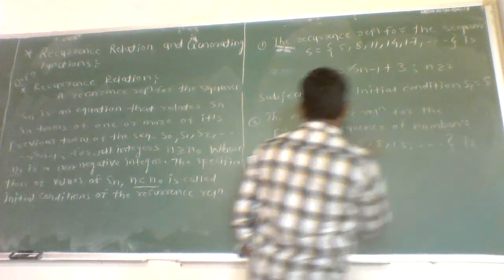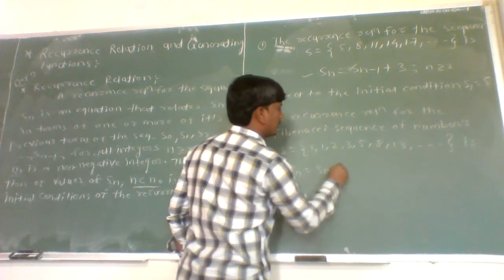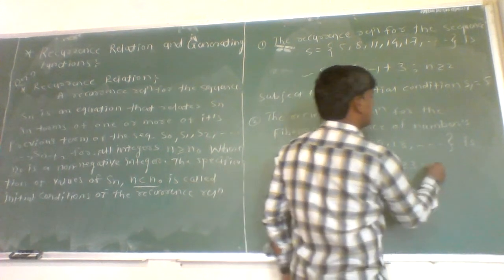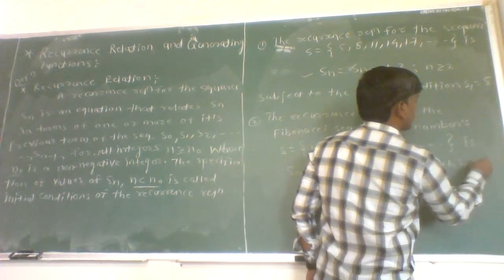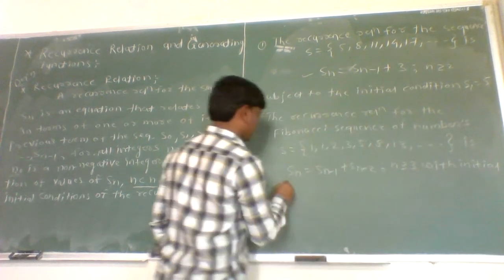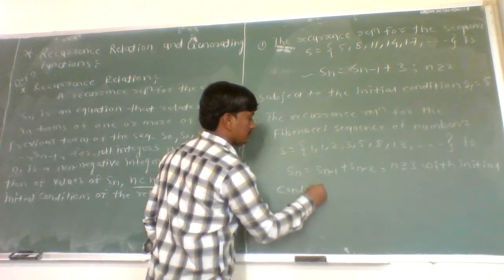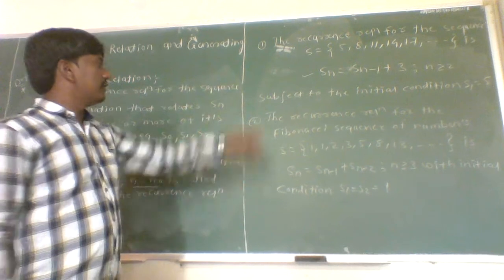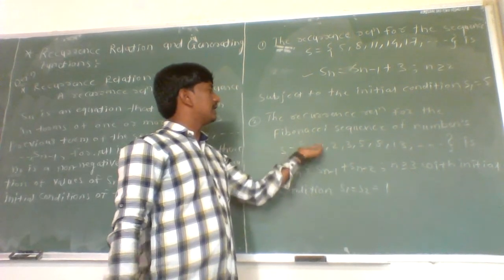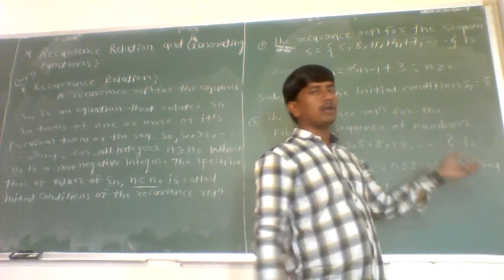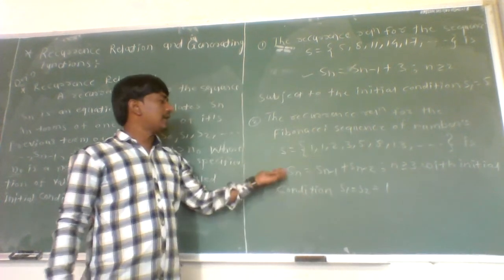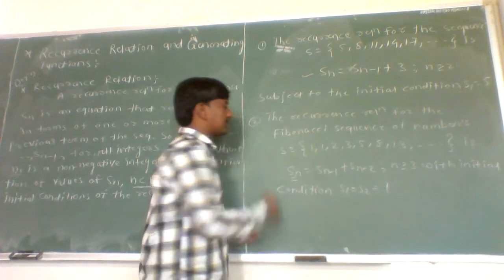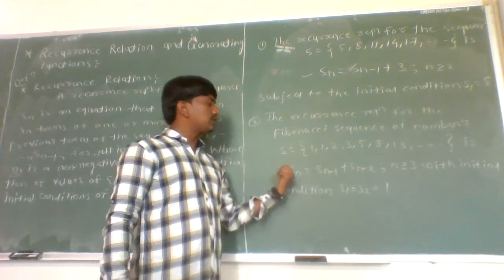Its recurrence relation is Sn equal to Sn minus 1 plus Sn minus 2, where n is greater than or equal to 3, with initial conditions S1 equal to S2 equal to 1. Now we have to find its recurrence relation, and it is Sn equal to Sn minus 1 plus Sn minus 2.